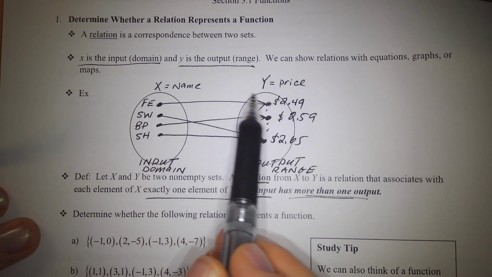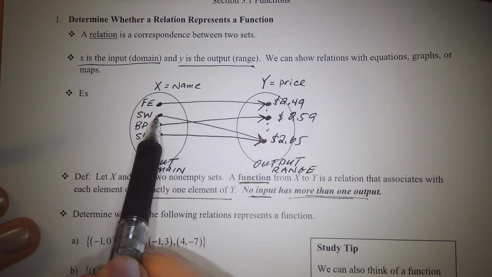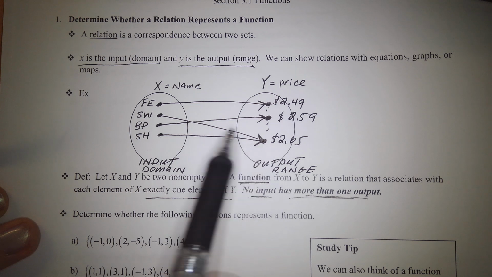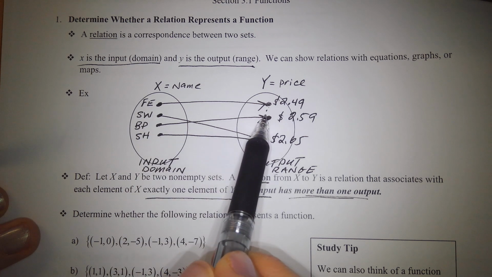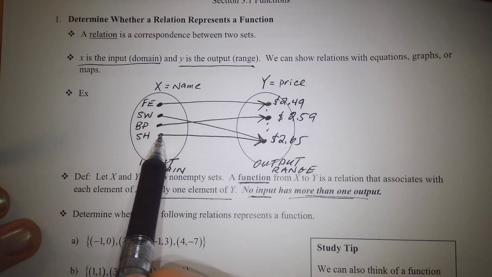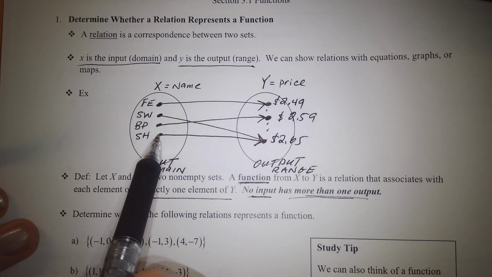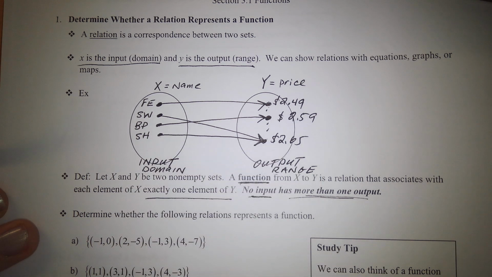You'll notice each of these points have one and only one output. Family Express has one price. Speedway has one price. BP has one price. And Shell has one price. They all go one direction. So what that means is the input cannot have more than one.